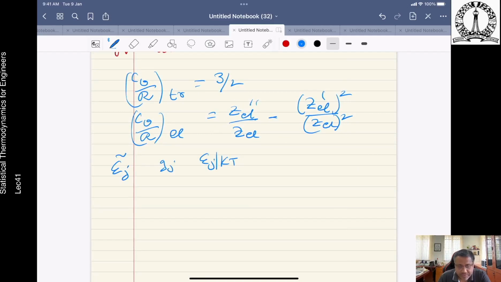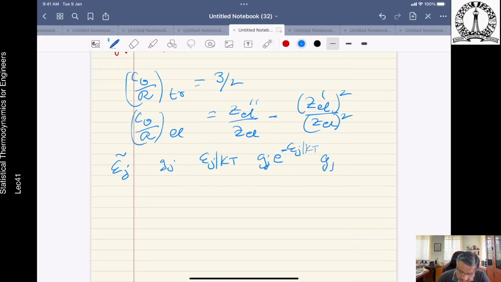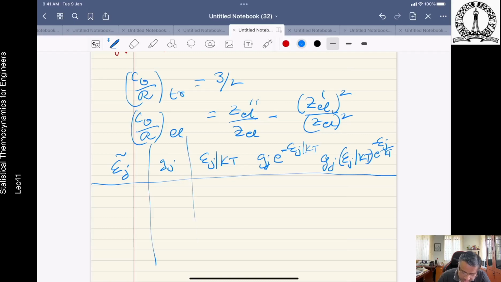This is a tabulated form. So this is g_j into exponential minus E_j by kT, then g_j E_j by kT into exponential minus E_j by kT, and so on and so forth.